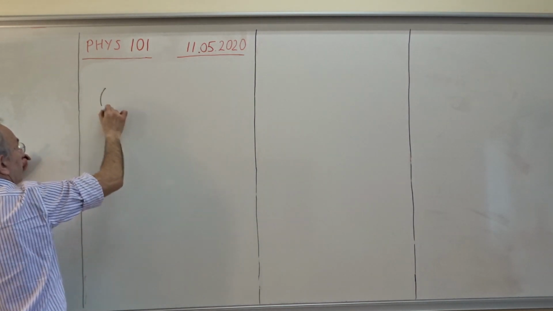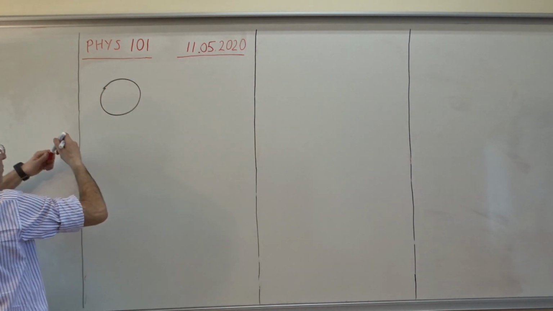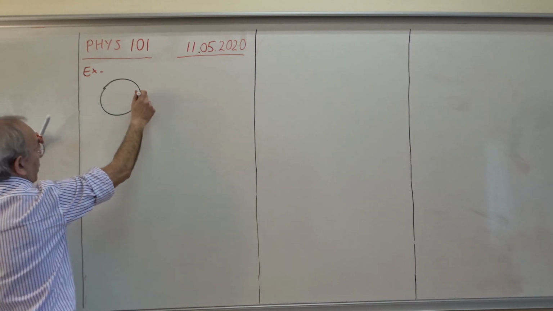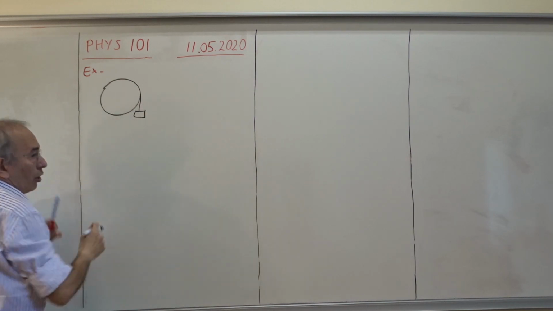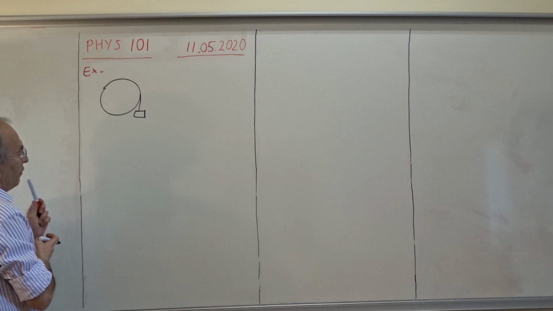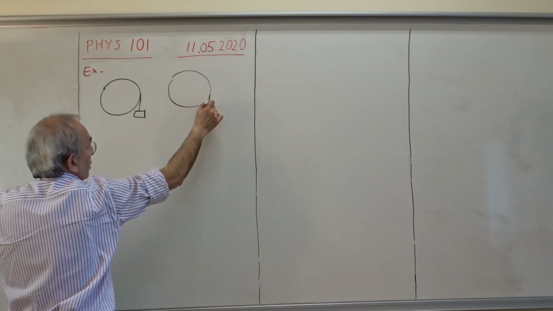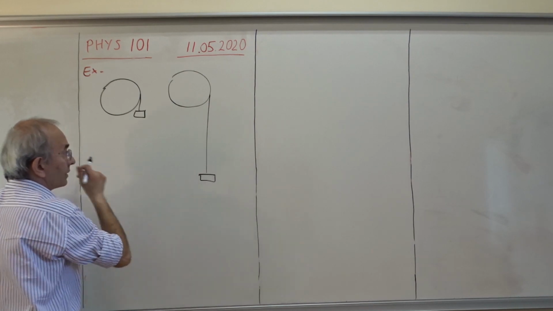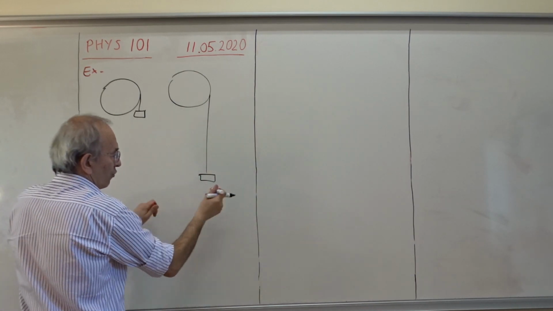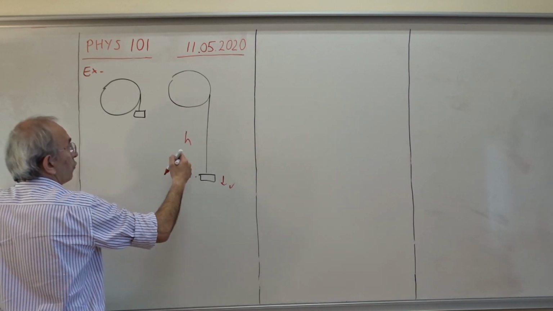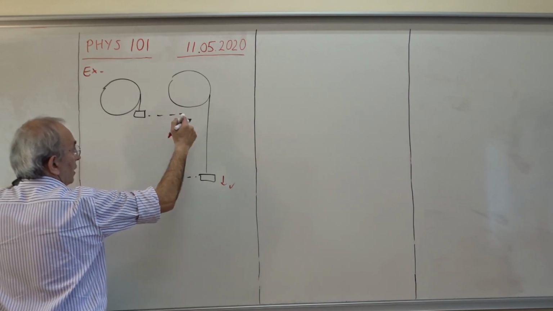This is the object. And there was a block. But then it falls a certain height. For example, this is now moving to some velocity v, so that the distance it falls is h.